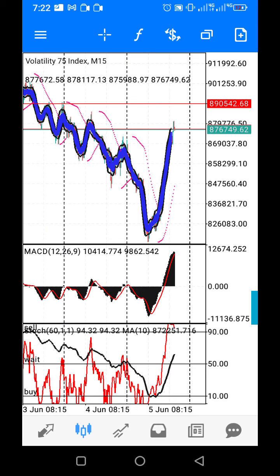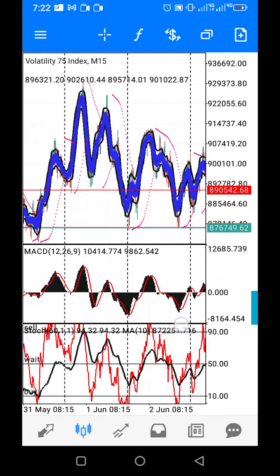But if you don't have a high equity, like you're starting with something like $50, $100, once the red line crosses this 50, you can just take your profit and leave the market. Or if you are sure of your trade, you can let it go to the peak. Okay, let me show another example of sell.